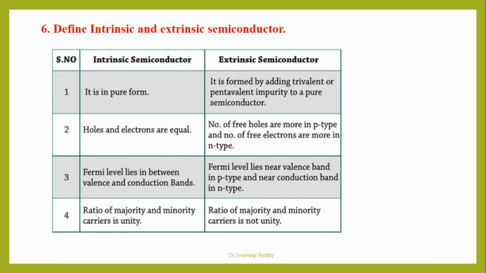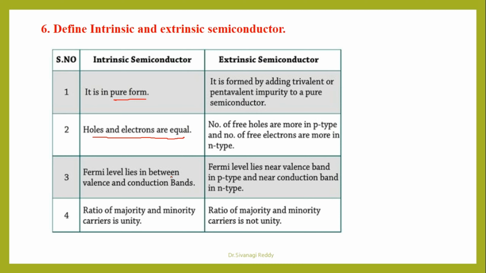Then, what is the difference between intrinsic and extrinsic semiconductors? An intrinsic semiconductor is in a pure form, and whenever we dope a pure semiconductor with trivalent or pentavalent impurities, we get an extrinsic semiconductor. In intrinsic semiconductors, holes and electrons are equal in number, whereas in N-type semiconductors free electrons are more, and in P-type semiconductors holes are more.